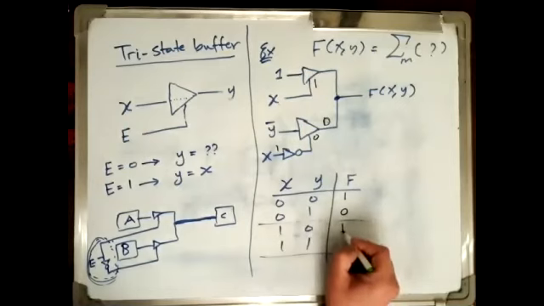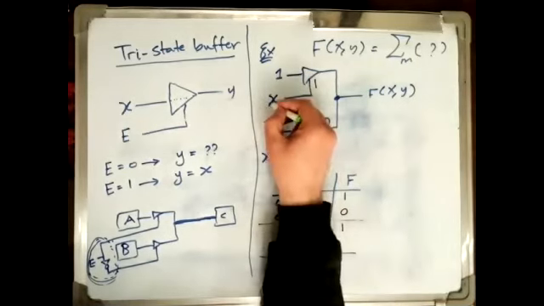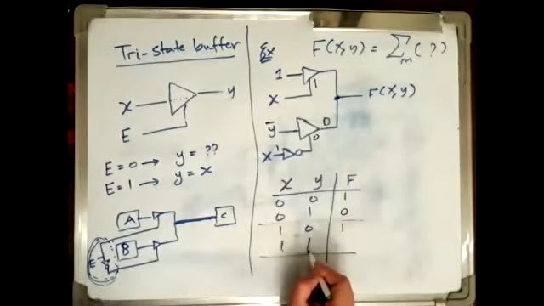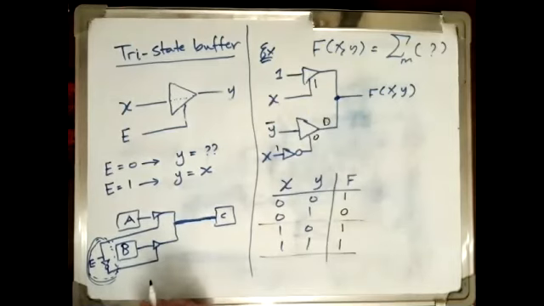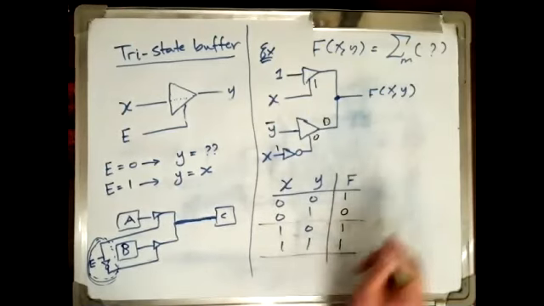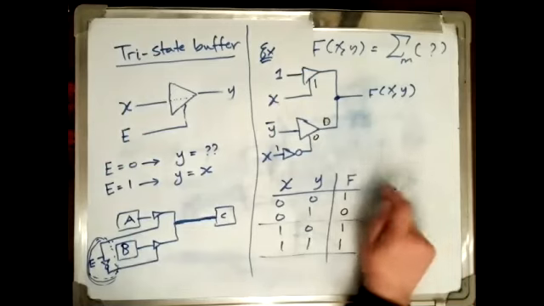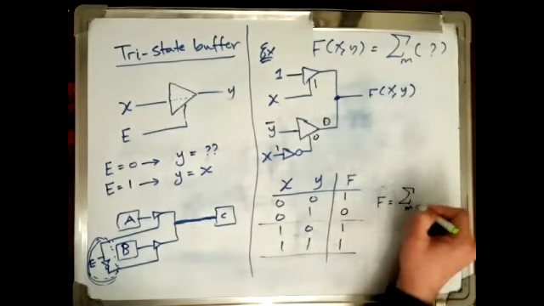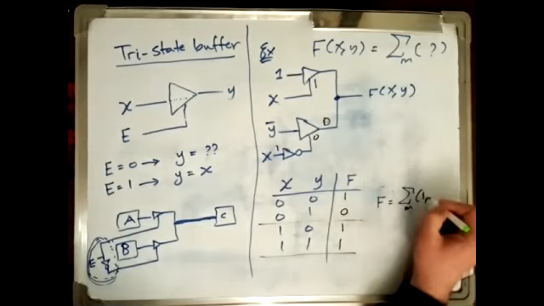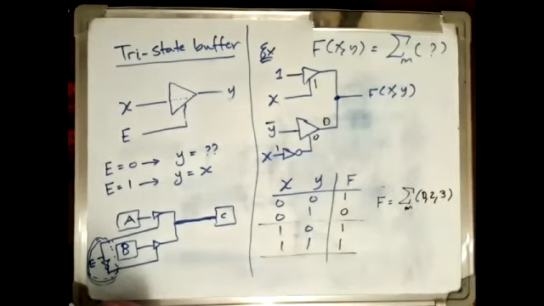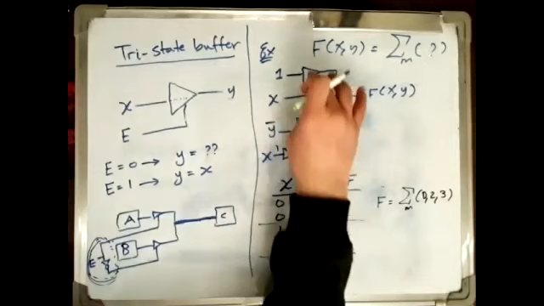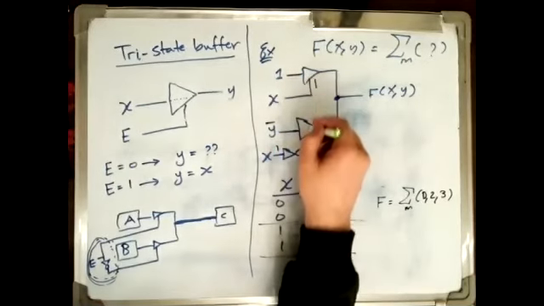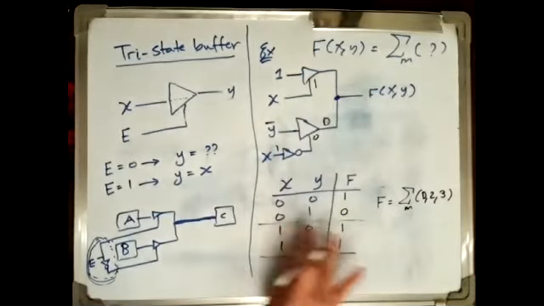It will be 1. And again, when X is 1 and Y is 1, the function also will be 1. So basically, F is sum of minterms 0, 2, and 3. So I just, based on my understanding of the operation of the tri-state buffer, substituted different values.